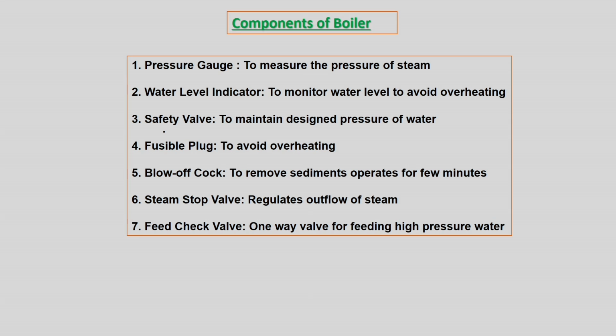Among those we can see that there is a pressure gauge which has to be there to monitor the pressure. There has to be a water level indicator to monitor the level of the water, and if the water level drops then it would change the temperature inside the steam generator. So a water level indicator has to be there.